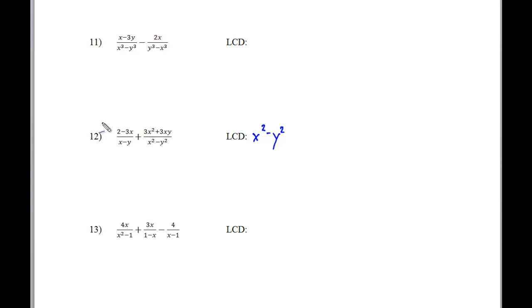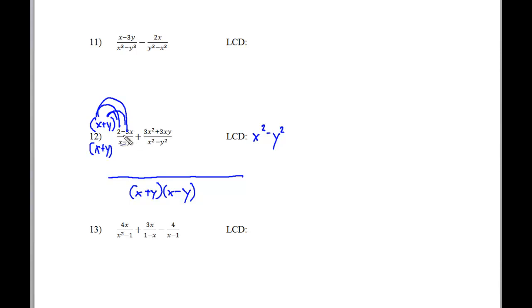Well, I would do that by multiplying the left-hand side by something that'll get me a difference of squares here. So that will be multiplying the top and bottom by the same, which is x plus y. And so let's do our FOIL here between this and this. And now we have a common denominator, and we're going to kind of stretch this out a little bit for x plus y, x minus y.